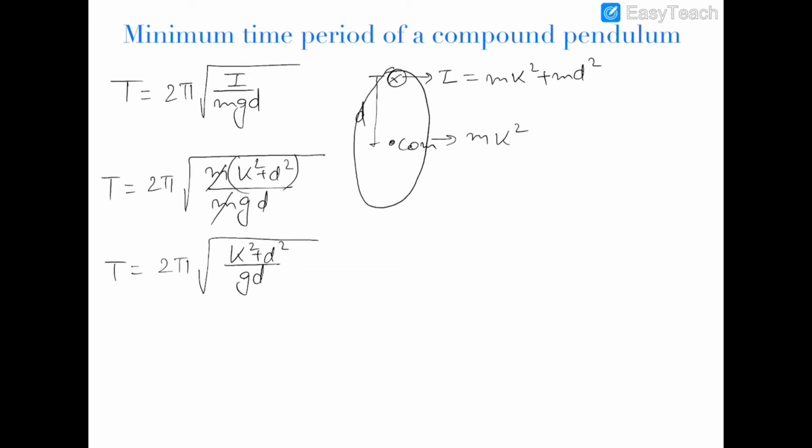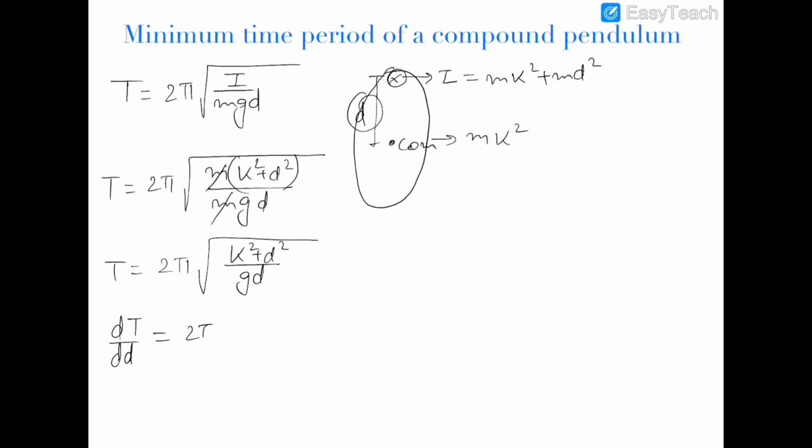Now we need to find out the value of d so that we have the minimum time period of this compound pendulum. So we'll use the maxima-minima technique, and therefore we are finding dT by dd.